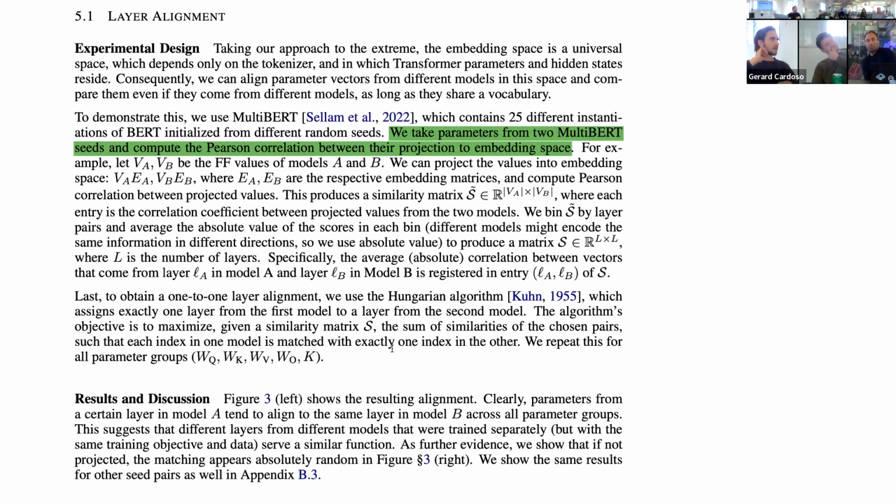The problem is that if you look at correlations purely in the parameter space, it gives you seemingly random alignment between layers. But if you project it, because the embedding matrix is learned, right? Yeah.